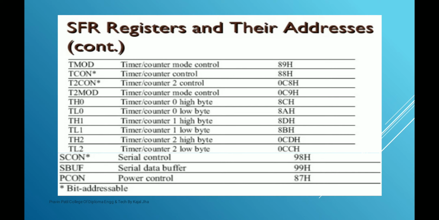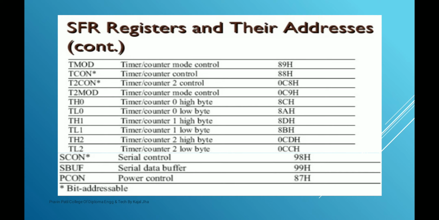After that, SCON, the serial port control, has address 98H. It means if you use 98H instead of SCON, it is also the same. After that, SBUF, the serial data buffer, has address 99H. And after that, PCON, power control, has address 87H.